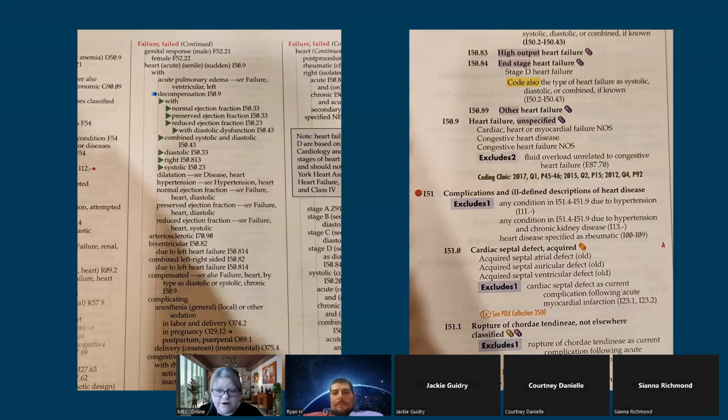And it says heart failure, unspecified, cardiac, heart or myocardial failure, not otherwise specified, congestive heart disease, congestive heart failure, not otherwise specified. It excludes 2, fluid overload unrelated to congestive heart failure. That's not something we need to worry about because that's not mentioned in our scenario.